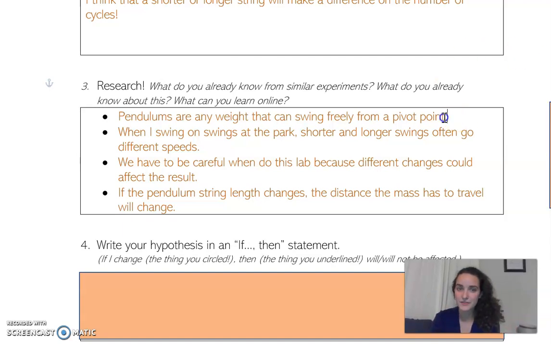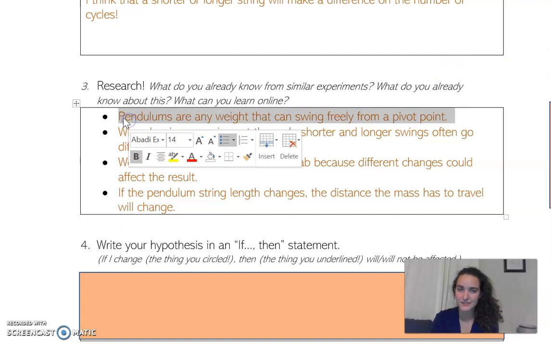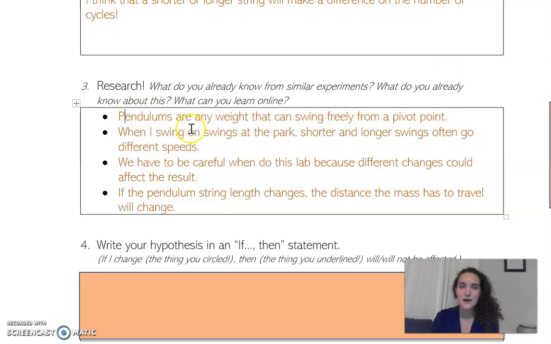So I did some research about the definition of a pendulum so I understand what I'm thinking about. I thought back to when I used to swing on swings with my friends at the park, and I remember we would try to go at the same time and we would try to stay lined up, but it was so hard. And now that I think back, maybe it was really challenging because the different swings were slightly different lengths, and maybe that did have an effect.